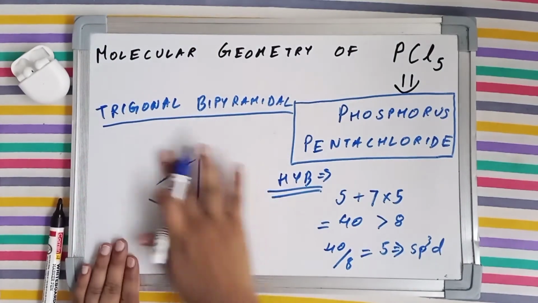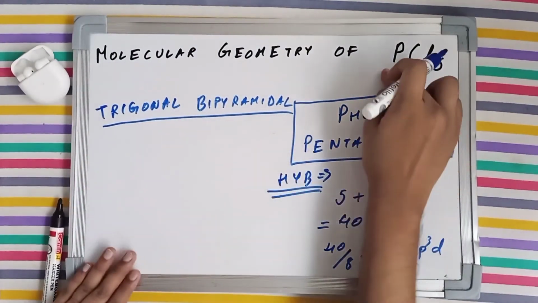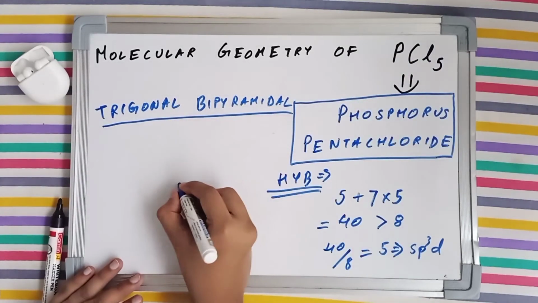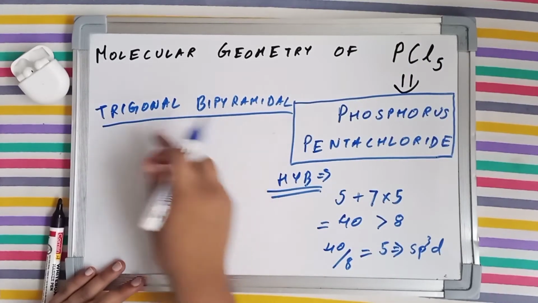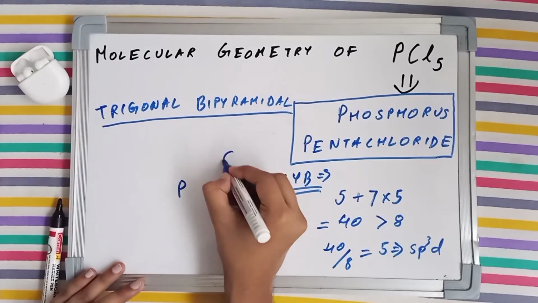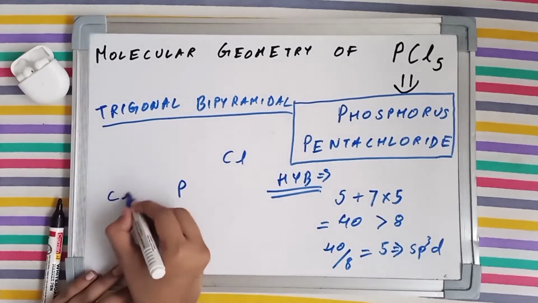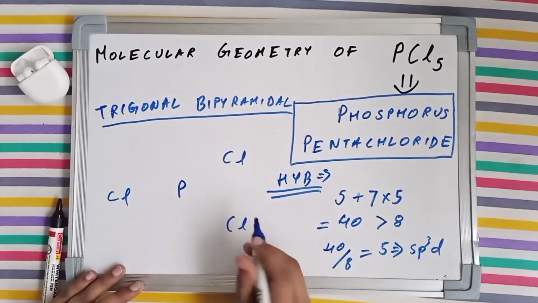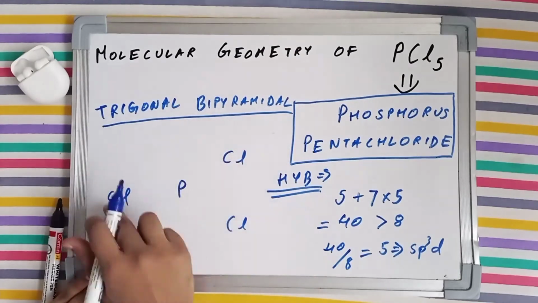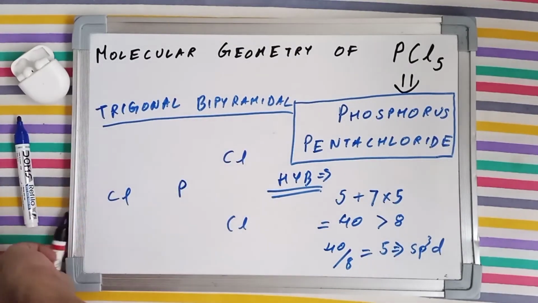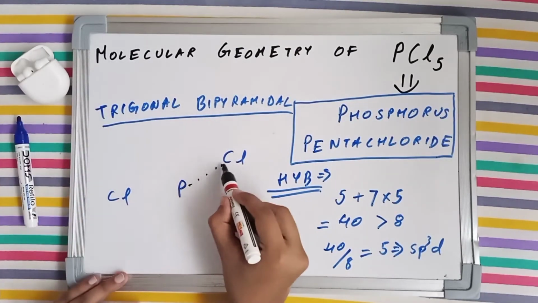So let's draw. We have our central atom as phosphorus, so I'm going to write P. Now for the triangle, let's draw chlorines here. Are you able to see some sort of triangle? Yes, of course.